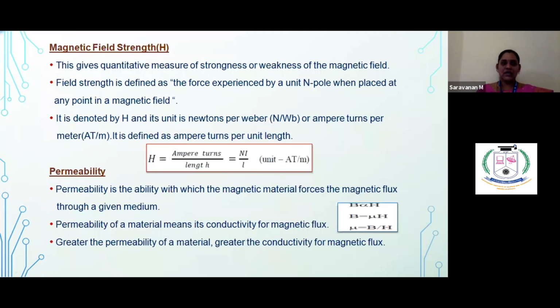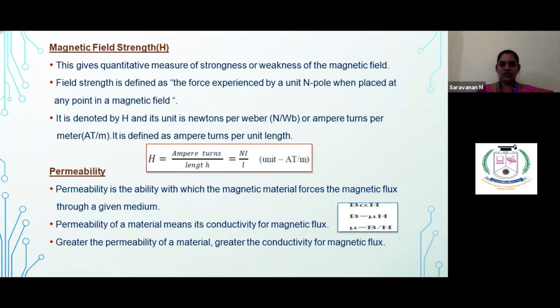These are some of the very important definitions which you need to go through, from which you will get your 2-mark questions, or otherwise based on these definitions you have your expressions. For example, B, the magnetic flux density, is equal to flux by A. Then magnetic field strength H is equal to mmf by L, and mmf is N into I. Based on all these definitions, we get these expressions and formulas, which we will use to solve your problems.